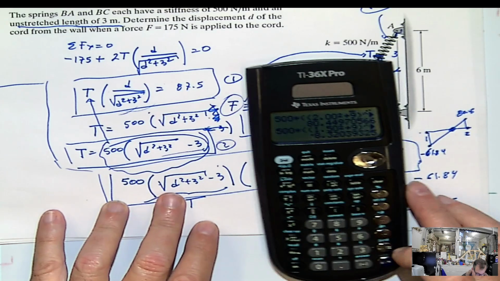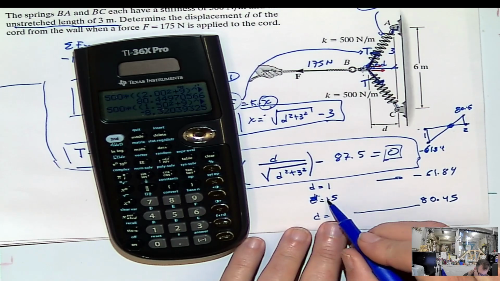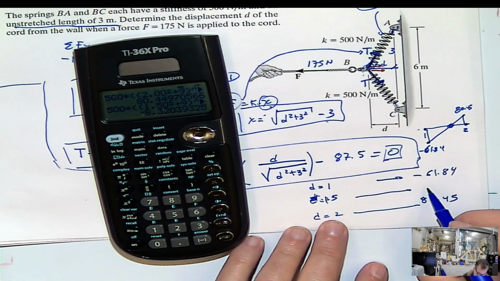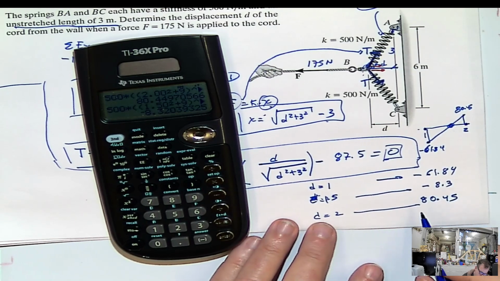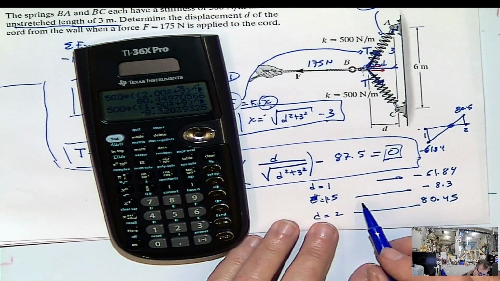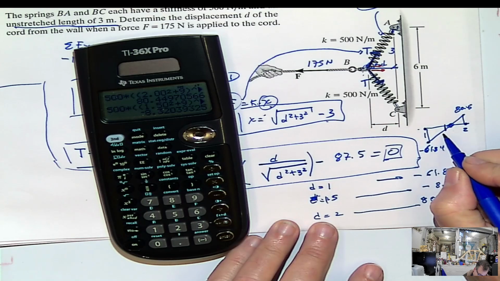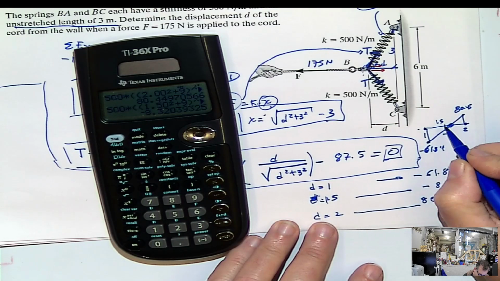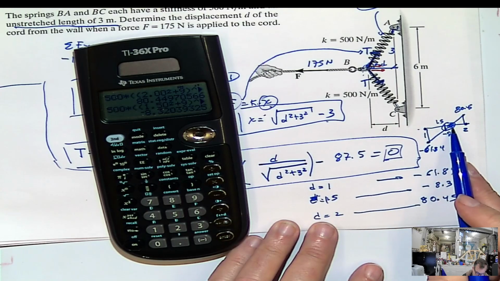Enter. And now we get -8.3. What does that mean? That means that our zero crossing is going to be really close to 1.5.